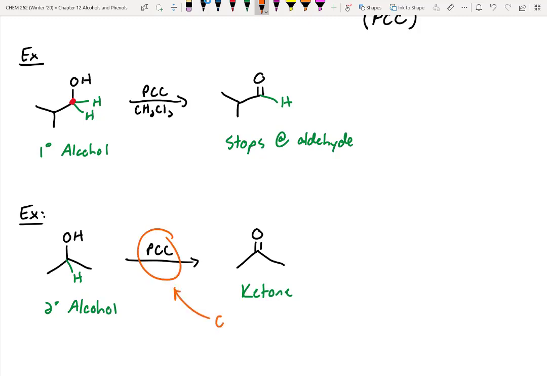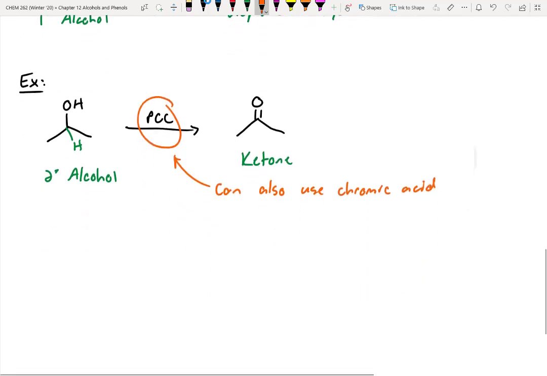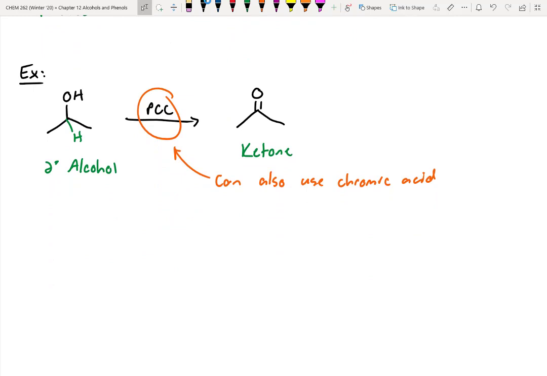You can also use chromic acid. It doesn't really matter which one you use in this situation. So you can use chromic acid, which if you remember, there's a variety of different reagents we can use for chromic acid. So let's even just pencil them out. So option 1 for chromic acid would be CrO3, H2SO4, and acetone.